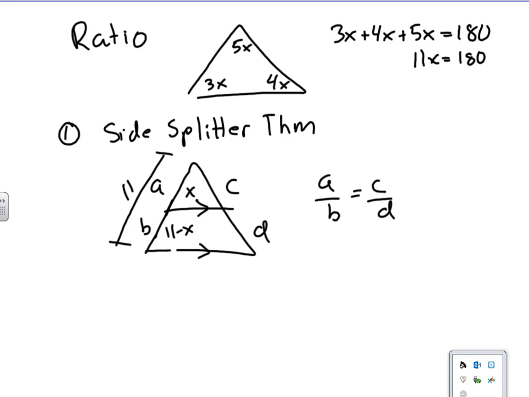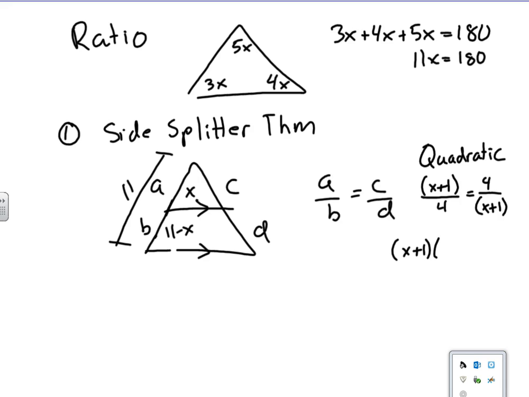And then the other thing that can happen as a result of that is sometimes when you're doing the cross product property, you may end up with a quadratic. So if we're doing something like (x + 1) over 4 equals 4 over (x + 1), when you do the cross product property, (x + 1) times (x + 1) equals 16.